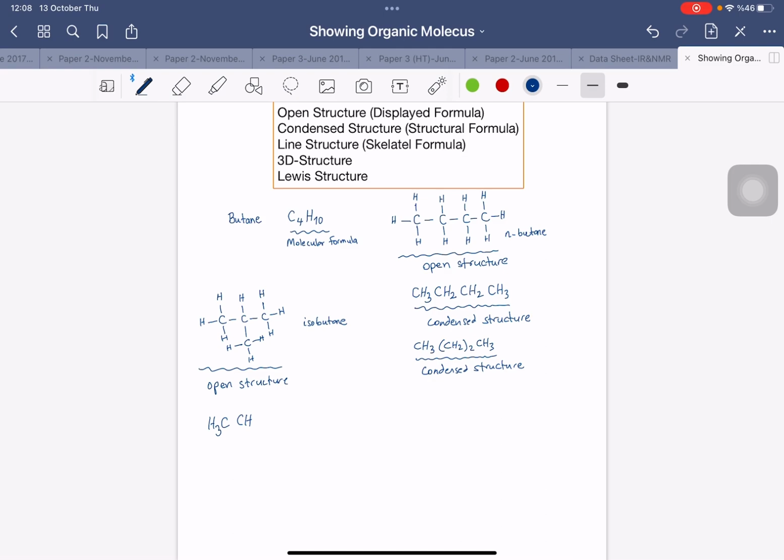Now there is a branch. This is a branch. I will show this carbon in parentheses. Final carbon, CH3.